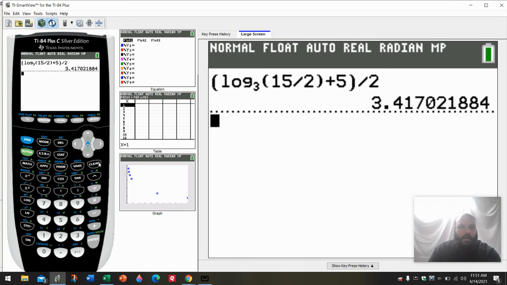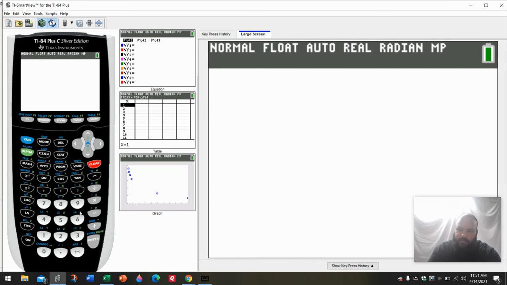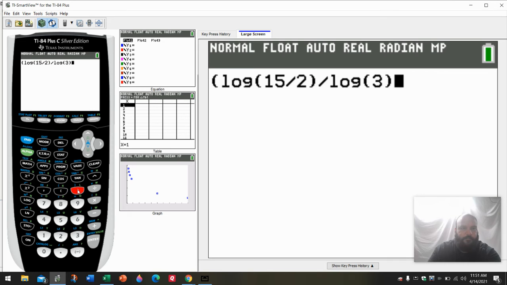And just to show you how that would work, if I did put a parentheses and then I did log of 15 divided by 2, and then that entire log is divided by log of 3. Now I'm going to close out that parentheses and add plus 5.